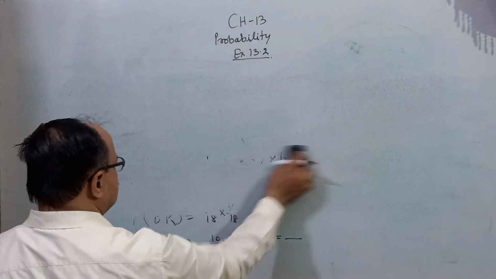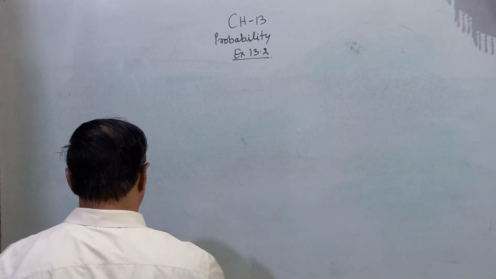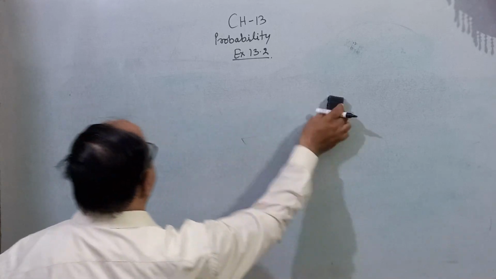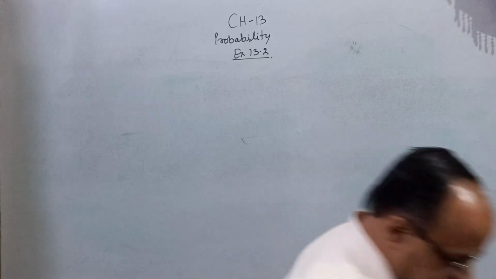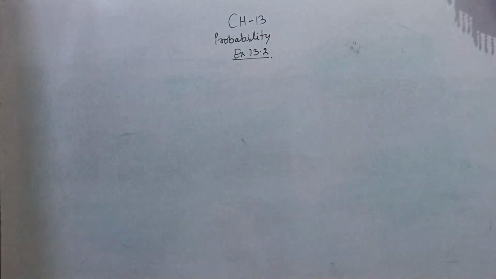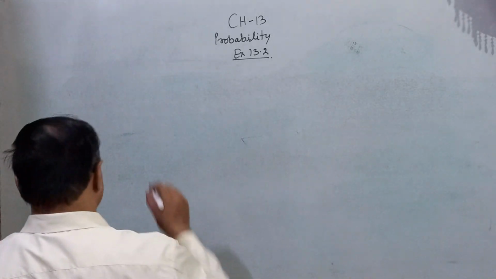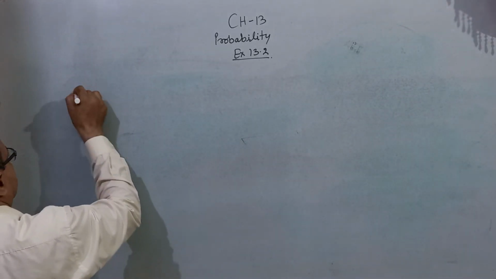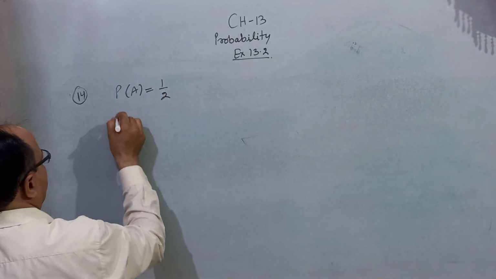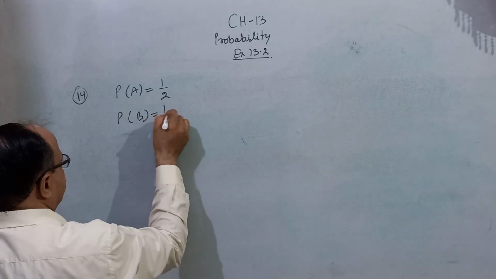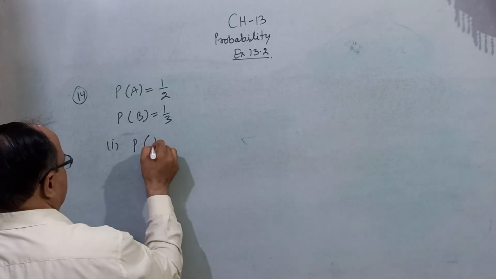If both try to solve the problem, find the probability that the problem is solved. Probability of solving by A is 1 by 2, and the probability of solving by B is 1 by 3. And the first part, the problem is solved.